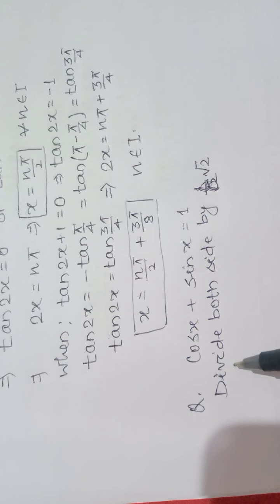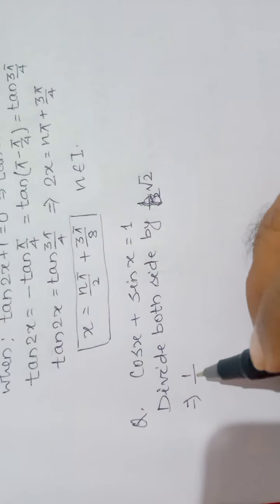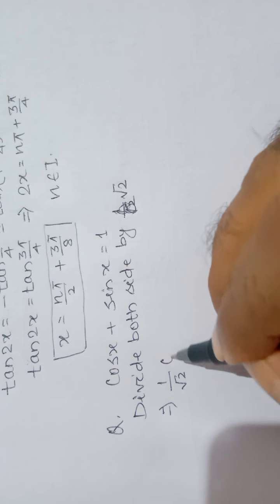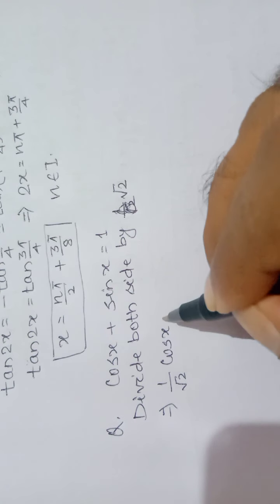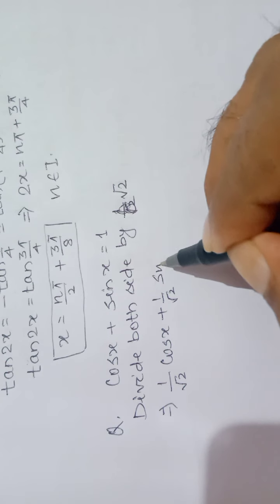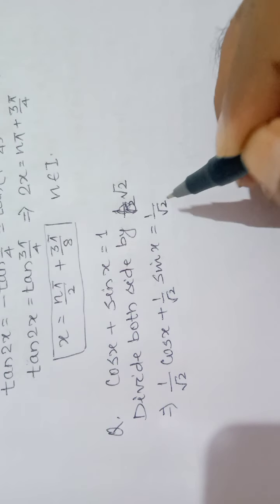So when we divide both sides by root 2, then it should be written as 1 by root 2 into cos x plus 1 by root 2 into sin x is equal to 1 by root 2.